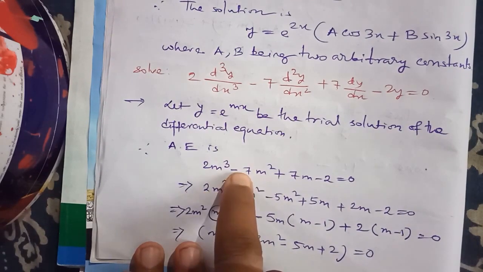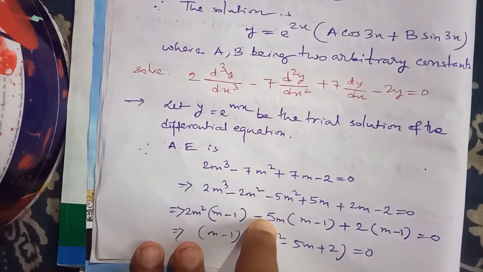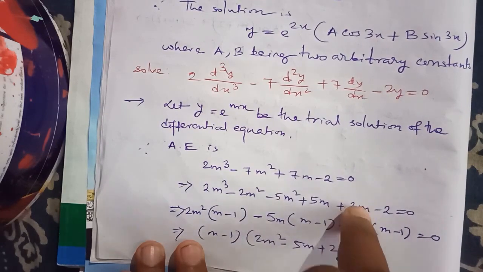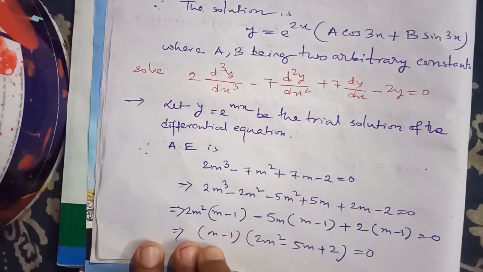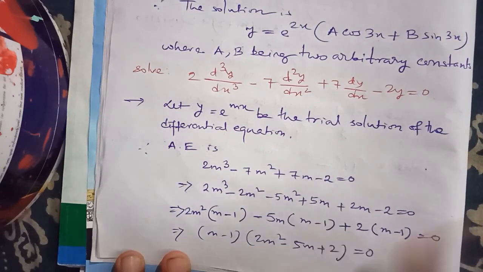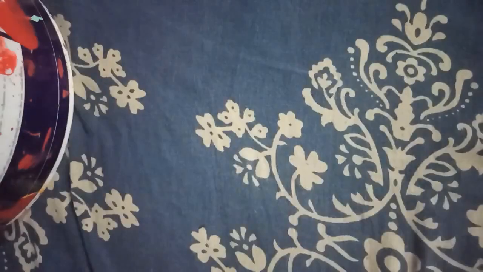Here we have minus 7m squared, that means we have to multiply by minus 5m, giving minus 5m squared plus 5m. Next was 7m, but here we got 5m, that means we need 2m, so plus 2, and multiplying by plus 2 gives plus 2m minus 2 is equal to 0. So ultimately it became (m minus 1) into (2m squared minus 5m plus 2) is equal to 0.